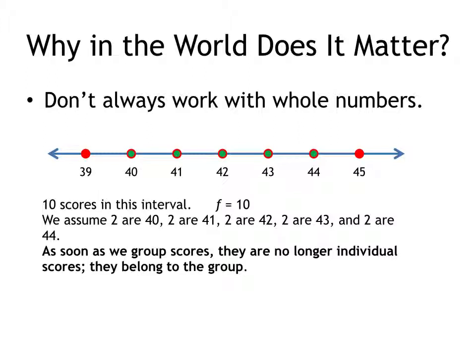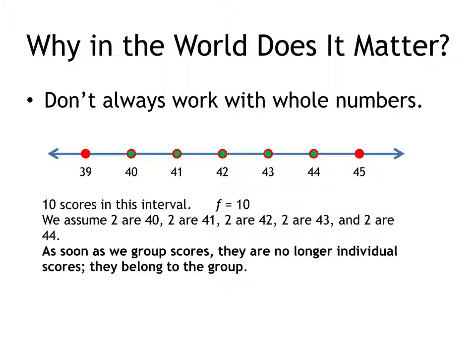The second reason has to do with some assumptions we make about class intervals. The first is that we assume all of the scores in that interval have the same frequency or are uniformly distributed. Going back to my example of a class interval between 40 and 44, if there are 10 scores in that interval, which I represented with f equals 10, we make the assumption that there are 2 of each.